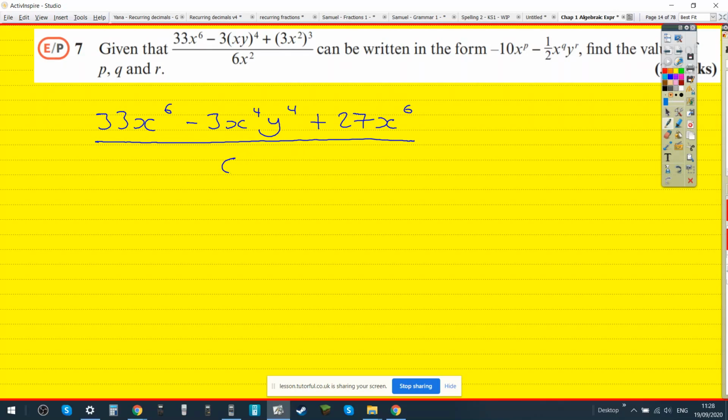And then would you divide it? Yeah. How would you do that? So how would you divide 27 by 6?